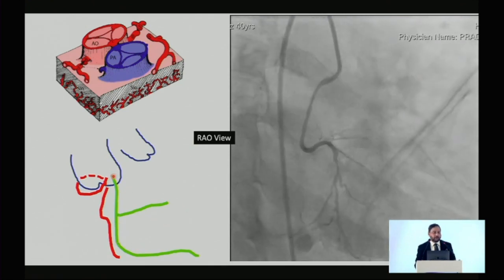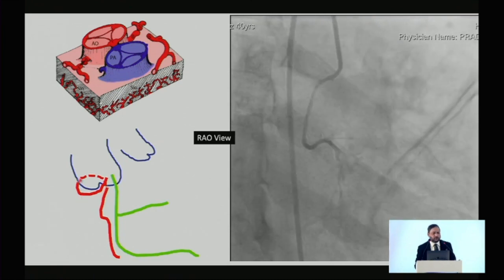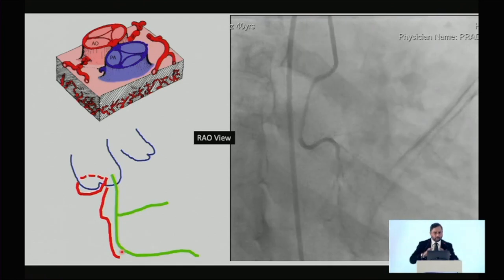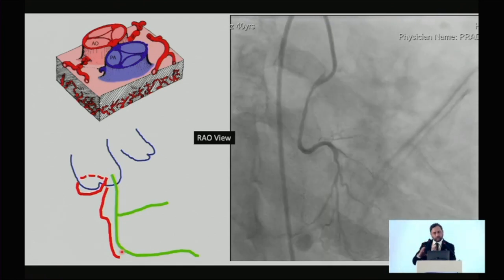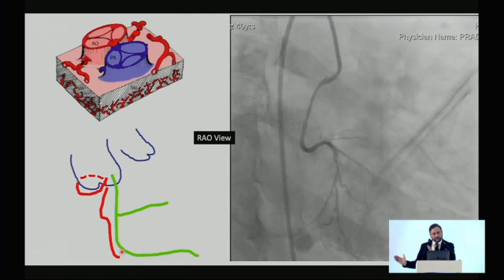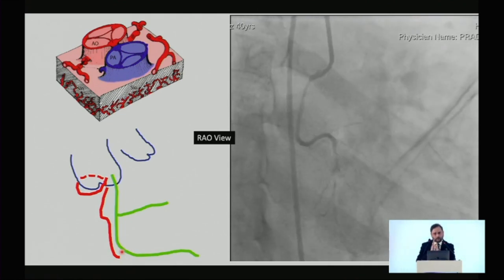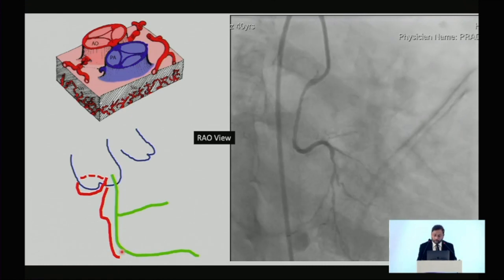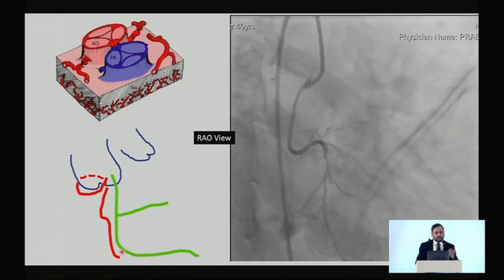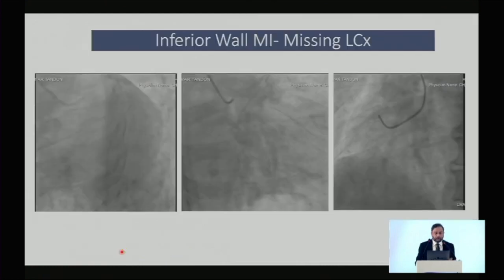The circumflex will actually move a little backwards, take a rotation curve here, make a curve here, and come back in the left AV groove, which in the RAO view would tend to run almost parallel to the RCA, because the right AV groove and the left AV groove are almost superimposed in the RAO view. So circumflex from the right sinus will always take a retroaortic course.